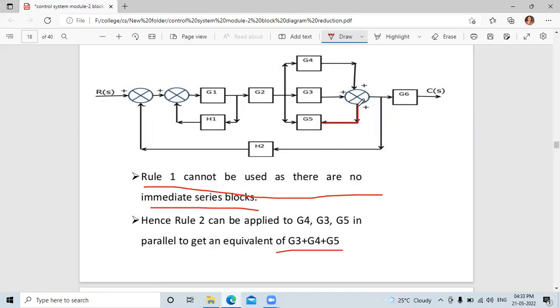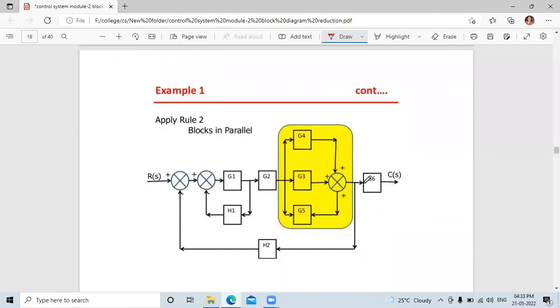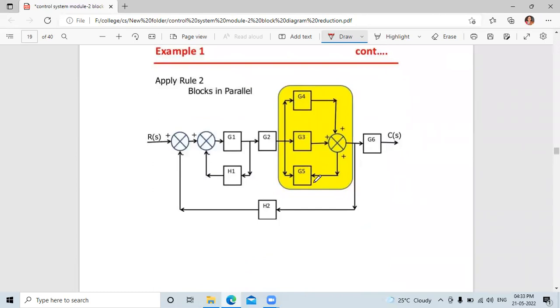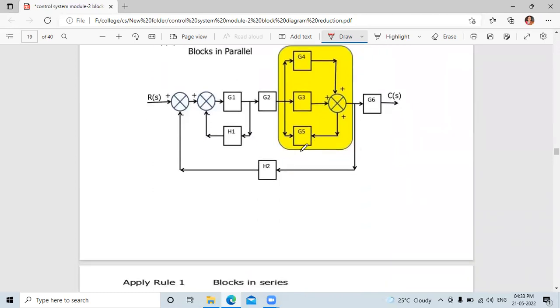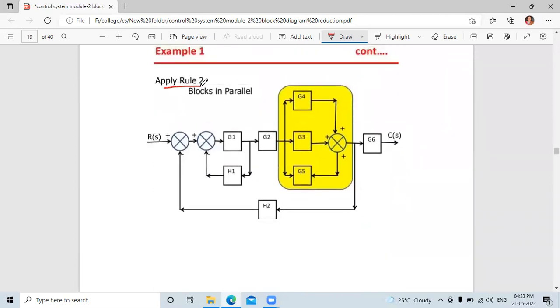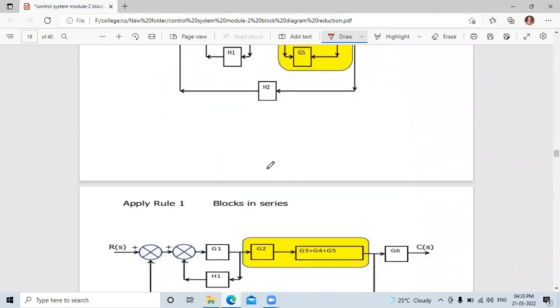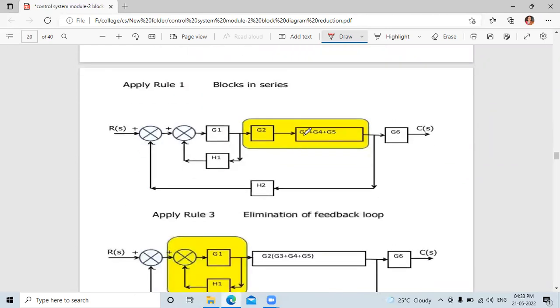The direction is like this. So three blocks are in parallel, and you need to add G4 plus G3 plus G5 to make one block. Applying rule 2, you get G3 plus G4 plus G5.